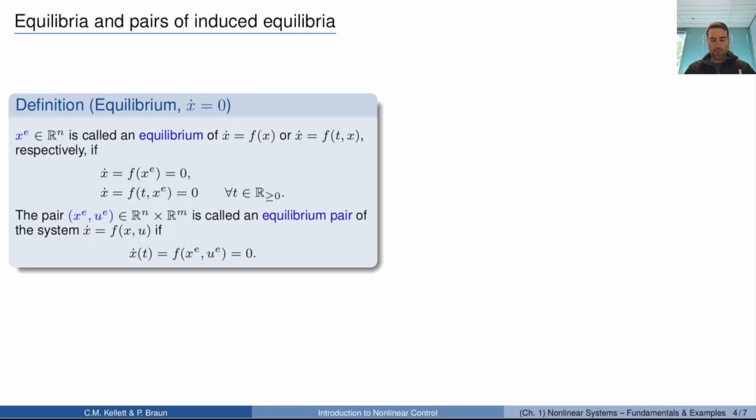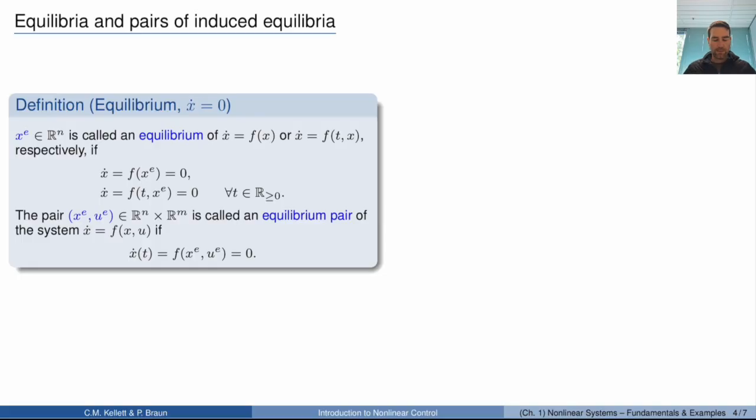And solutions we are in particular interested in are, for example, equilibria, meaning what happens if x dot is equal to 0? That would mean that x is not changing anymore. What is a condition for that?